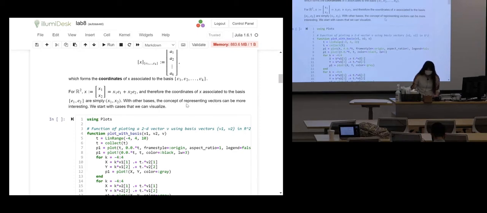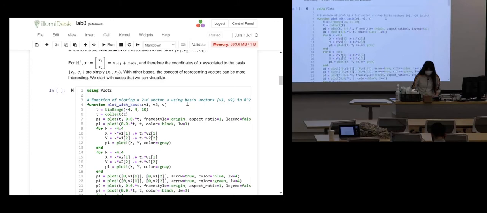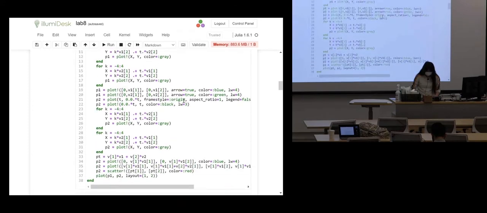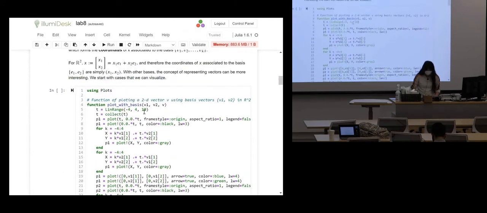So we can visualize this basis and coordinates by plotting them. Here is a function we call plot with basis. It's for the two-dimensional real space, and the inputs are V1 and V2, a set of bases for this real space.